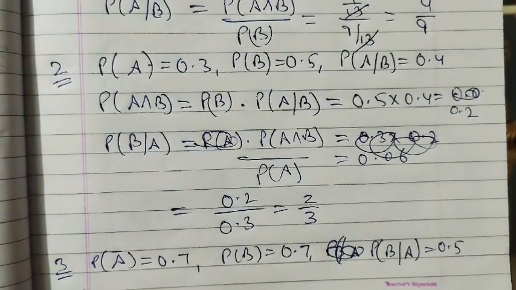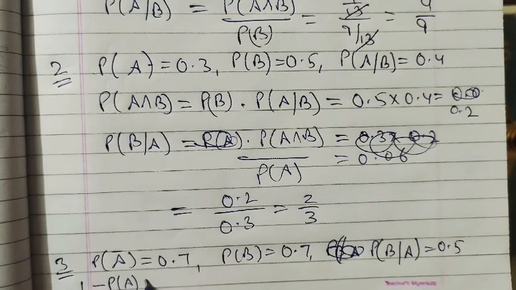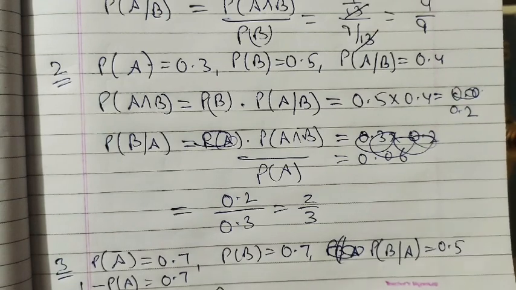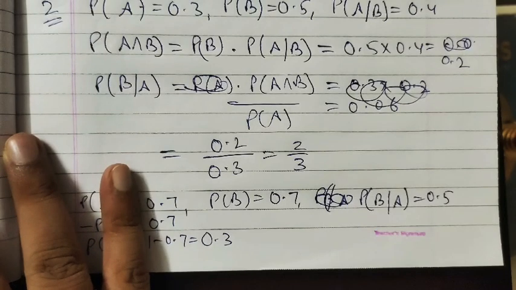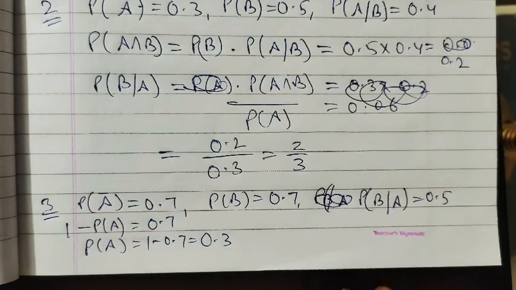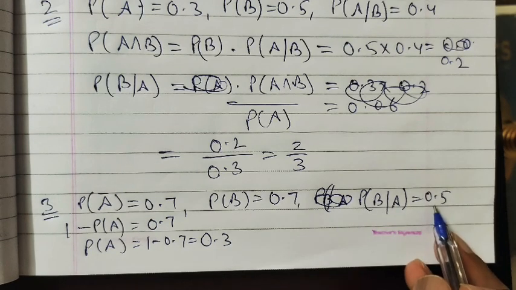So probability of A not can be written as 1 minus probability of A, which is 0.7. So probability of A is 1 minus 0.7, which is equal to 0.3. Now probability of A we know, probability of B we know. Probability of B upon A is already given.